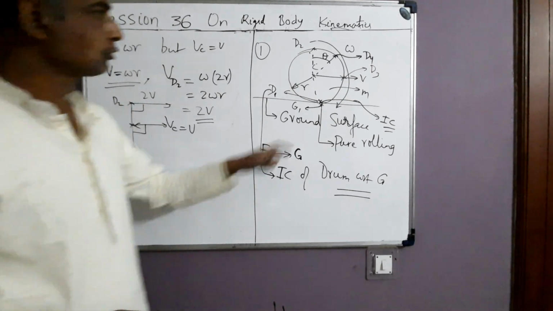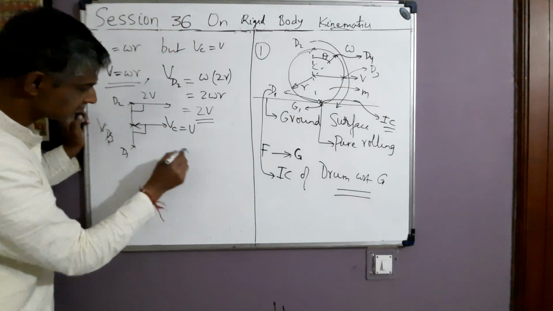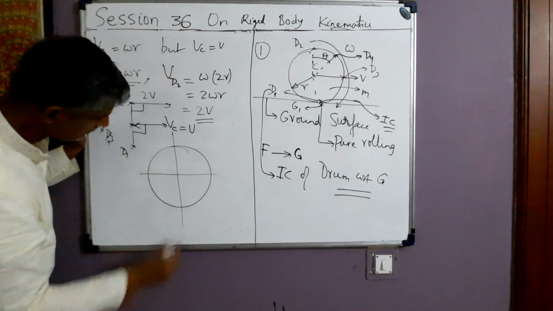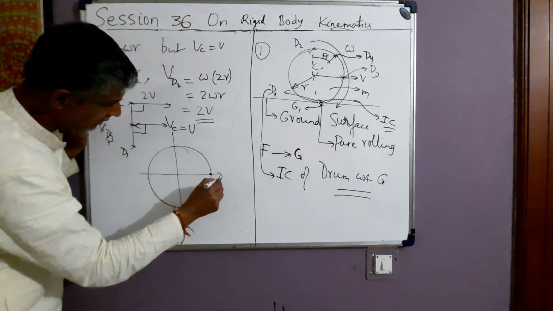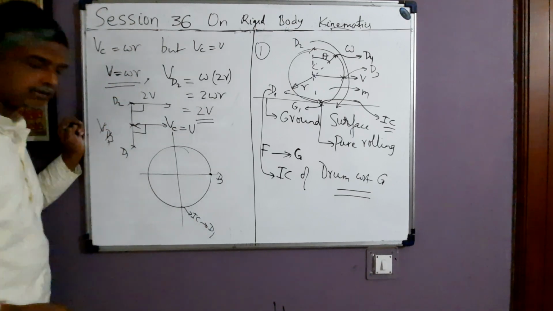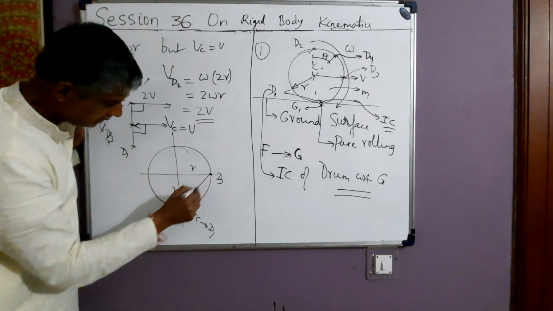Now I'd like to know the velocity of D3 using the IC concept. This is point D3, this is the IC D1. So this is R, this is R. I join this.